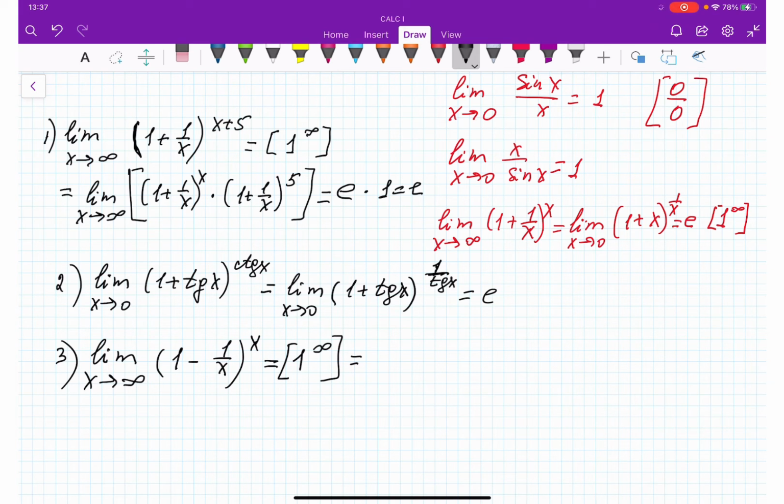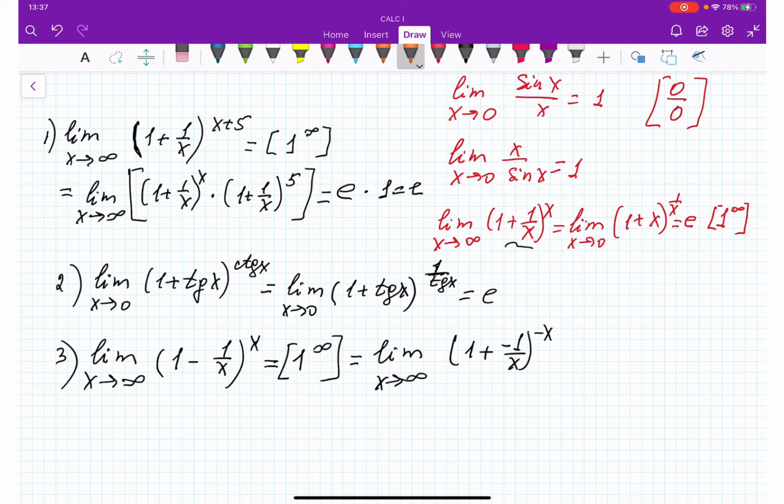We get the limit as x approaches infinity of 1 plus, I'm putting it in this form, 1 plus negative 1 over x to the power negative x, because negative 1 over x, if I flip, it's going to be negative x, right?